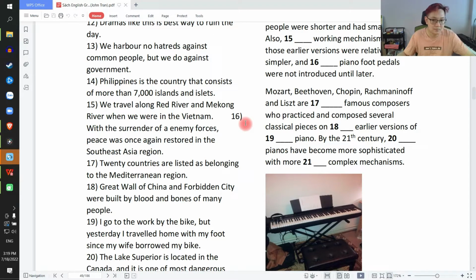16. With the surrender of enemy forces, because when we want to say enemy forces plural in general, we don't want to talk particularly about any enemy forces here. Chỗ này là lực lượng của kẻ thù nói chung thôi, chứ không muốn nói lực lượng kẻ thù nói riêng nào cả, không có mạo từ nha.